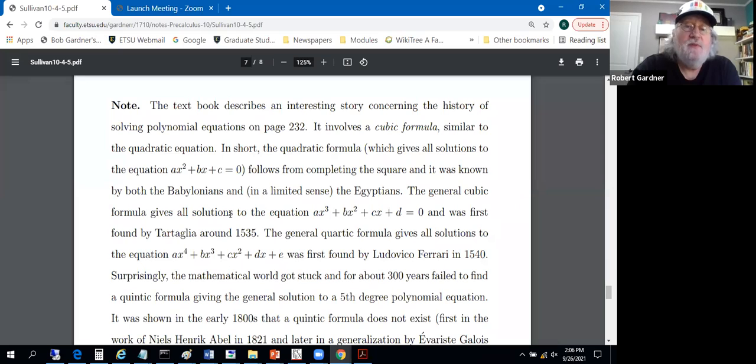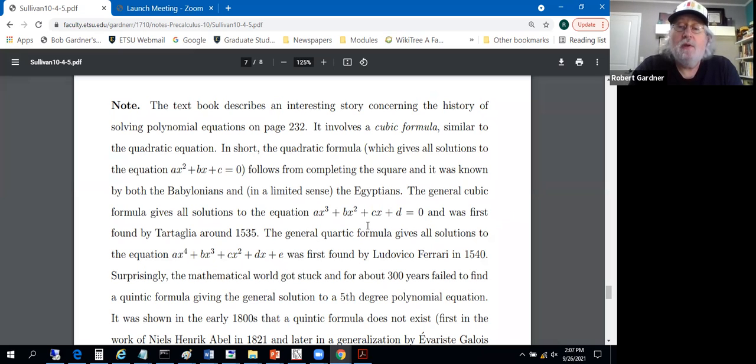But even the quadratic equation will give you the complex number solutions if you let it. Tartaglia's cubic equation will also, if you manipulate it properly, give complex solutions to this third degree polynomial equation also.